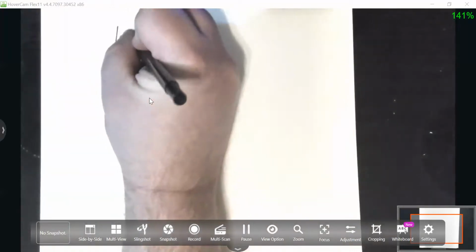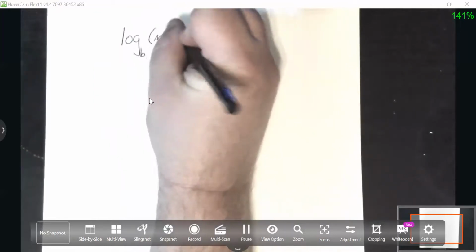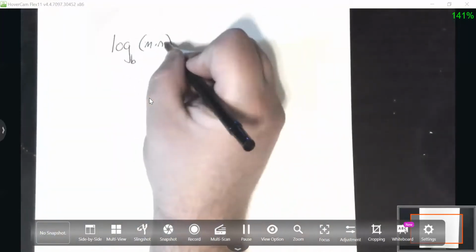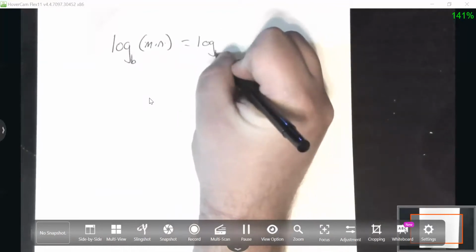Okay, so logarithms have three main properties that we're going to take a look at. So our first property, if we are taking the log of any base of two things that are multiplying each other, we can actually split that apart. So the log of these two things multiplying becomes the log of each one separately added together.